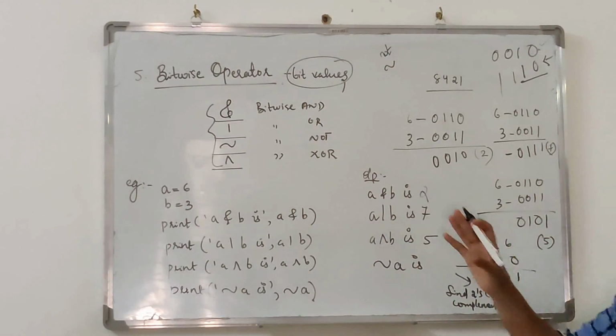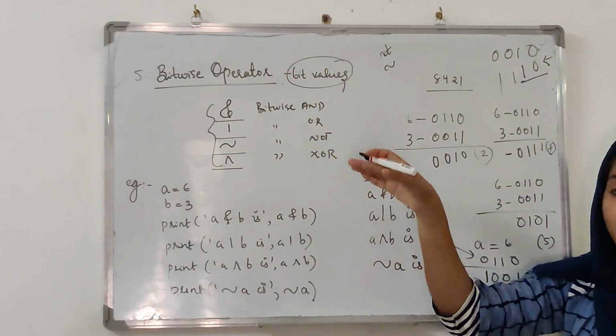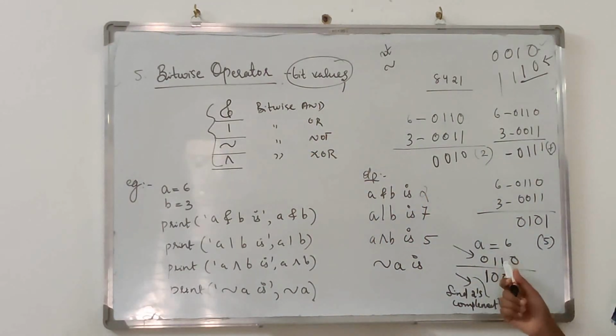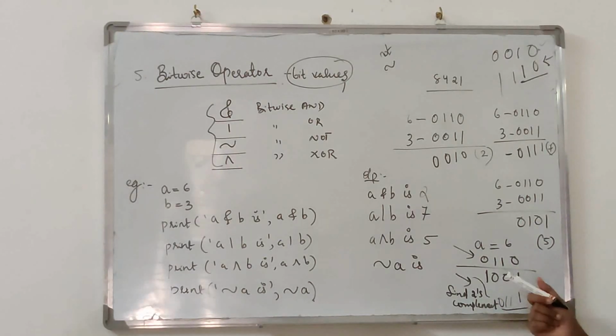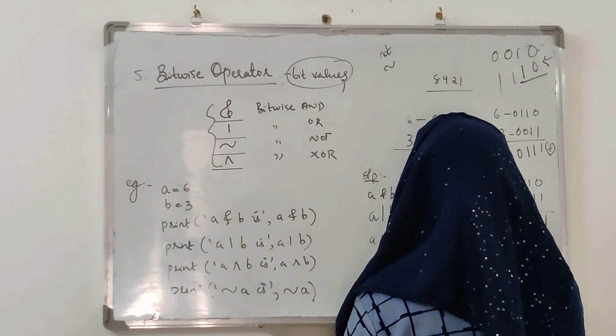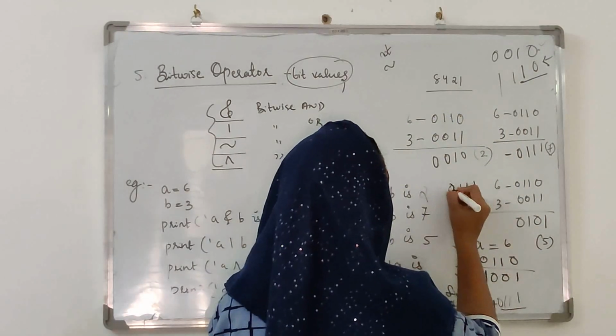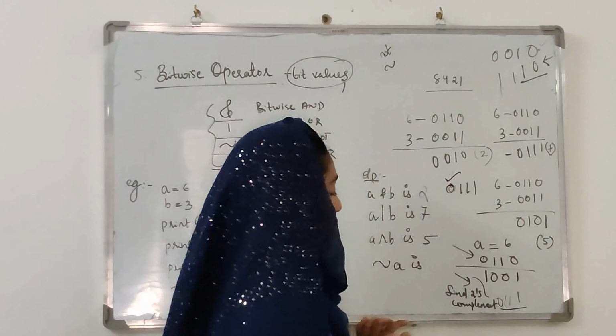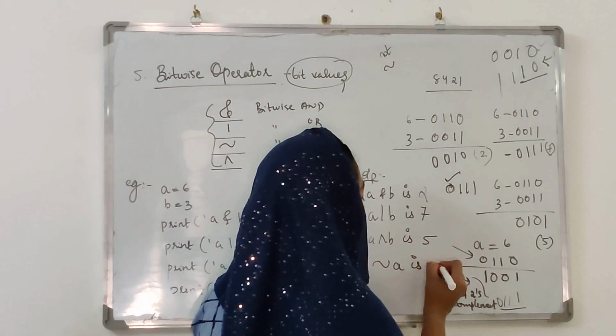So how can we perform the bitwise NOT operation? You will be given a number. First convert it into binary form and just complement the bits. Then find its 2's complement. Then what is our final output? 0, 1, 1, 1. If the first bit is 0, it means our output is negative.